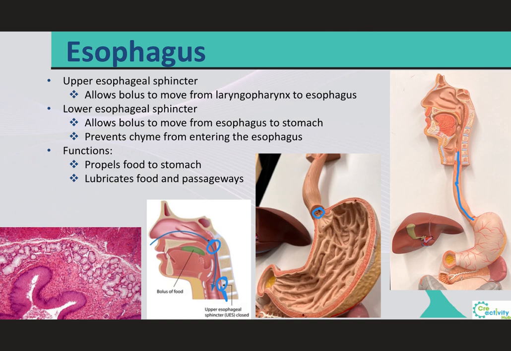So the lower esophageal sphincter relaxes to allow the food to pass into the stomach, and then contracts to prevent the stomach acids from backing up into the esophagus. As you can imagine, when the lower esophageal sphincter does not close completely, the contents from the stomach can go back into the esophagus, and this causes what we call heartburn, or gastroesophageal reflux disease, or GERD.